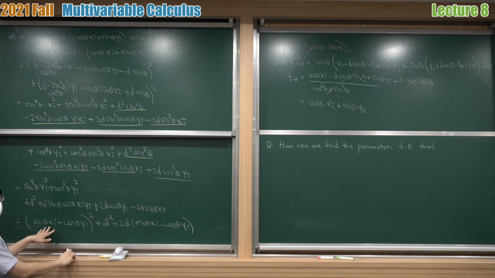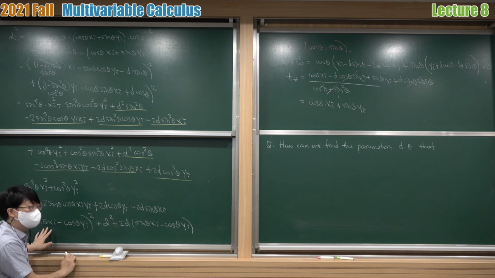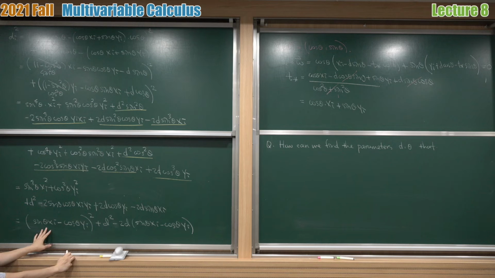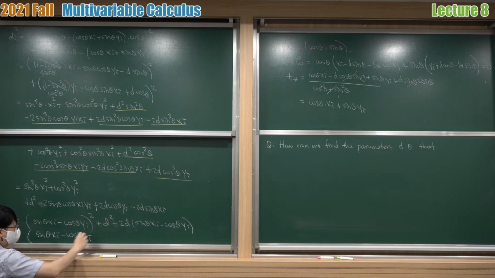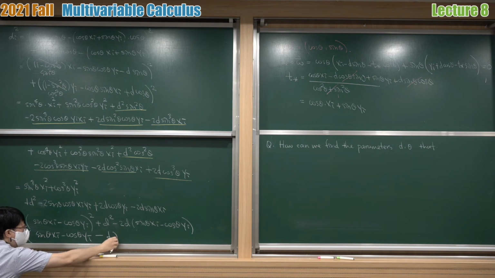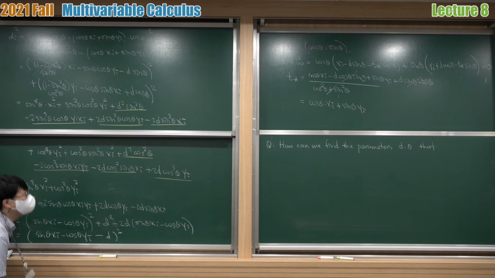I think we can do further simplification, right? The square minus 2. So we have sine theta xi minus. Can you see this in the video? Okay. xi yi and minus d square. Now it's really simple, right? It's good.